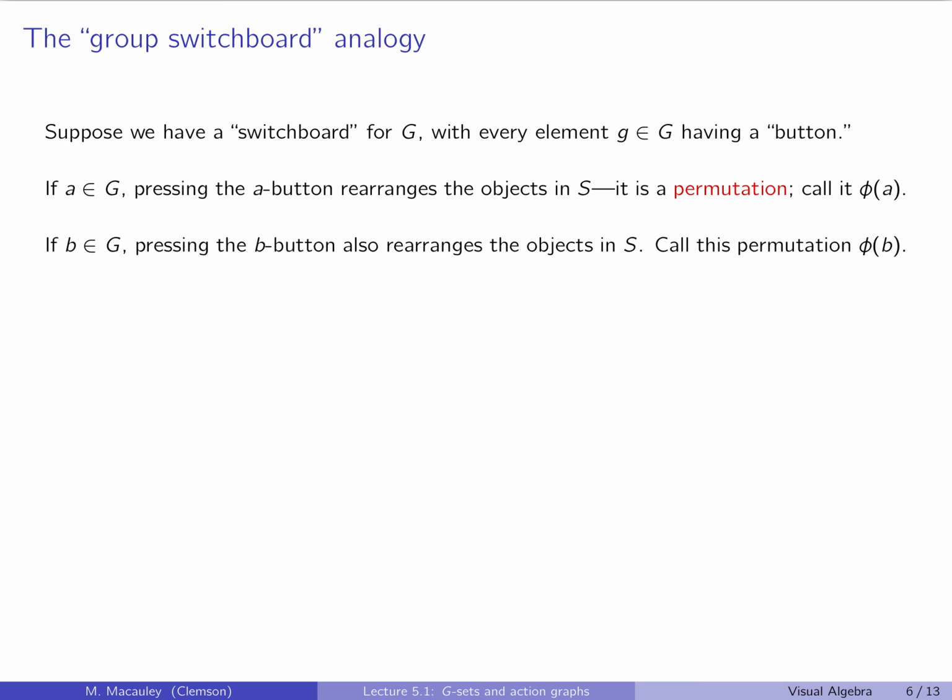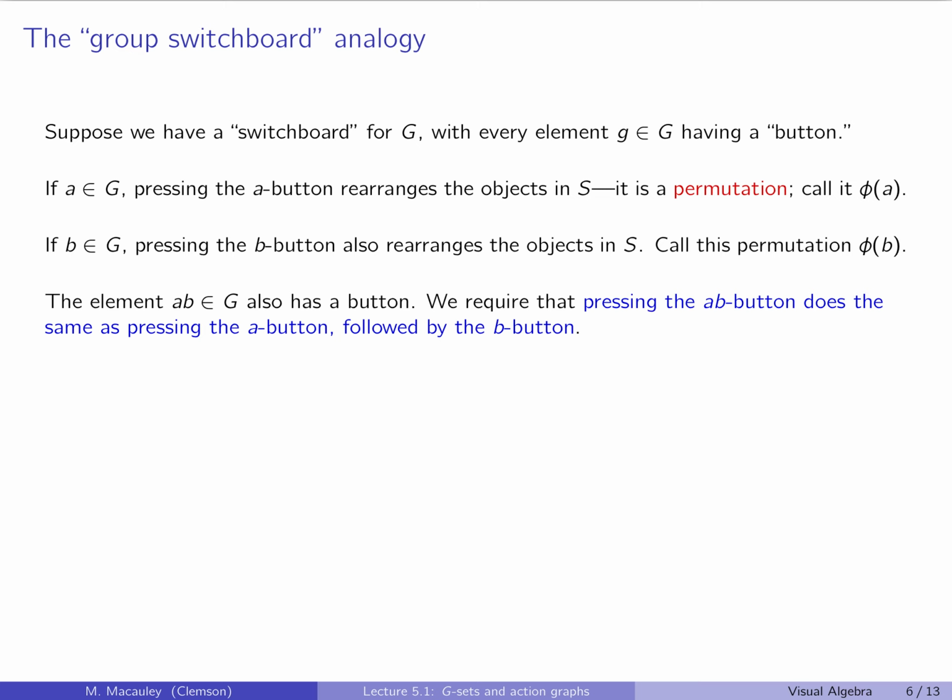If B is an element in G, then pressing the B button also rearranges the objects in S. That's a permutation, and we'll call it phi of B. The element AB also has a button, and we require that pressing the AB button does the same as pressing the A button followed by the B button. And that makes sense.